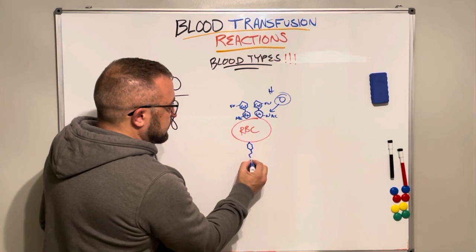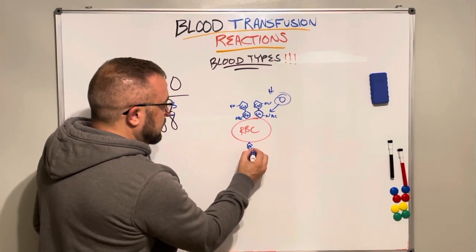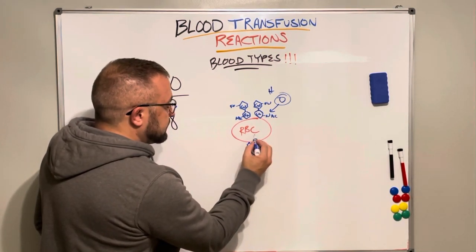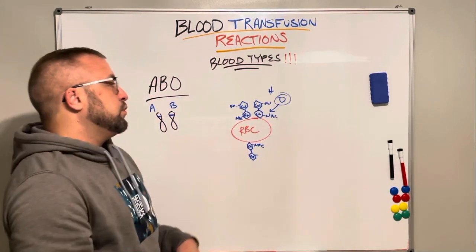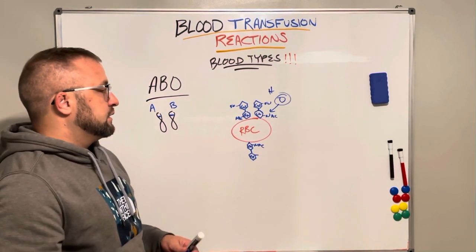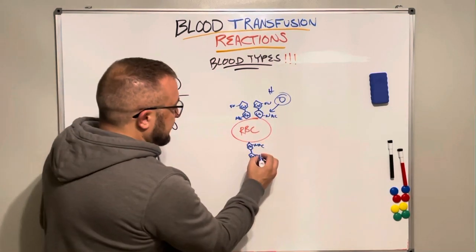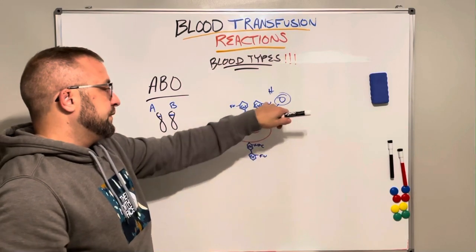If I draw B, it would also have this structure to start with. So that's one of the reasons with O, we can give O to anybody. Of course, we also need to look at the Rhesus factor to make sure it's negative or positive, or they have it or they don't. But in that case, all of these start with this backbone.